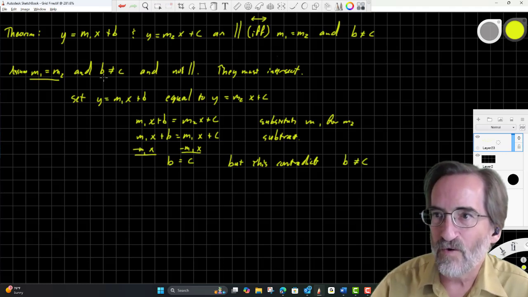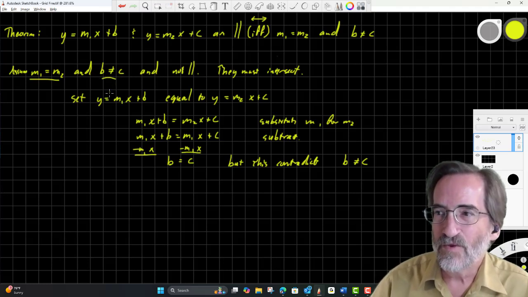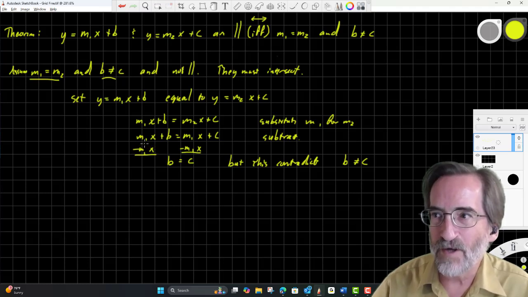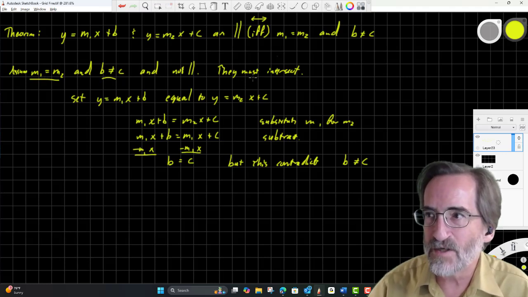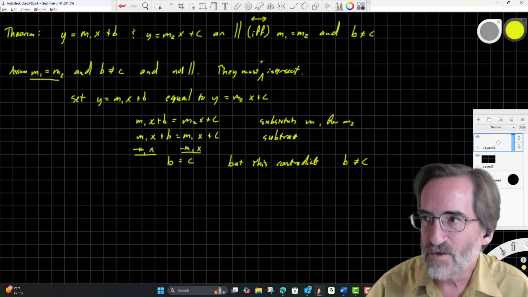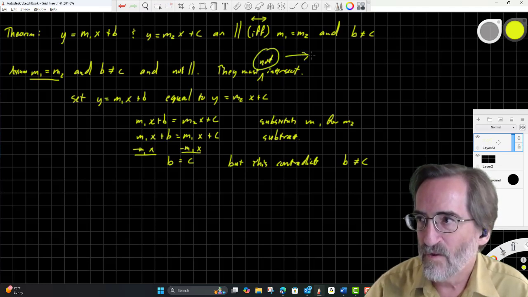From before, we assumed that b doesn't equal c. So that proves that the initial assumption must have been false. If m1 equals m2 and b does not equal c, they must not intersect. And that means they are parallel.